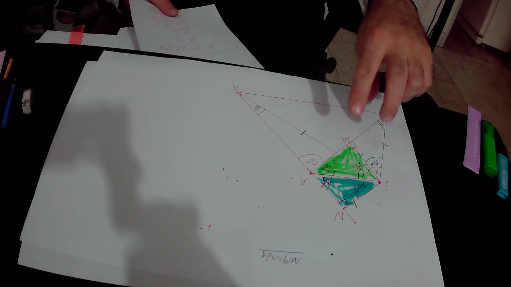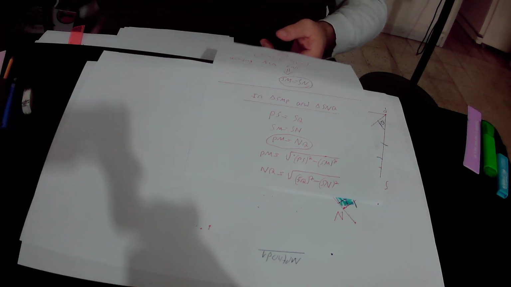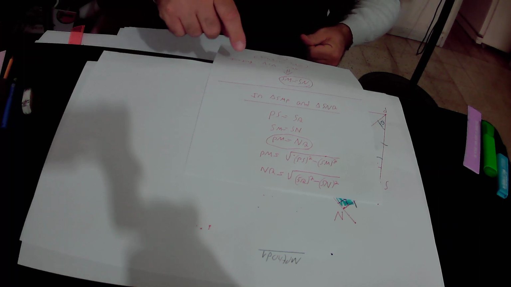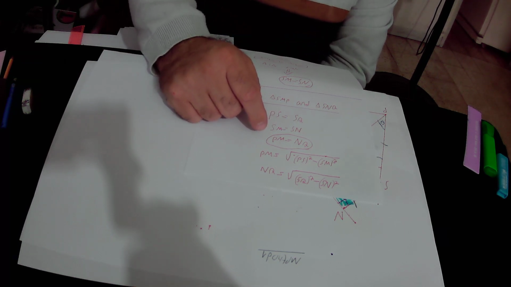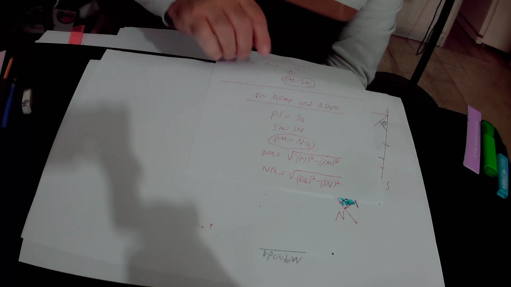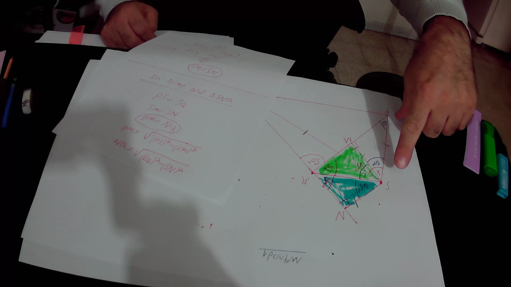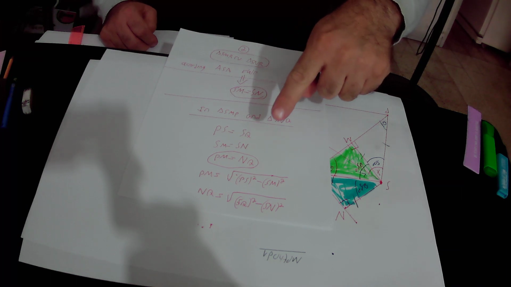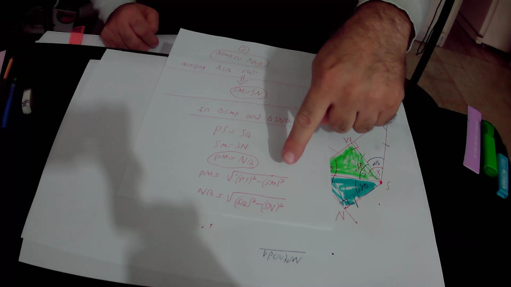Because we have here two right triangles, and according to the Pythagorean theorem, the square of the hypotenuse equals the sum of the squares of the perpendiculars. PM in this right triangle equals the root of SP square minus SM square. Again, PM in the right triangle SMP equals the root of PS square minus SM square.